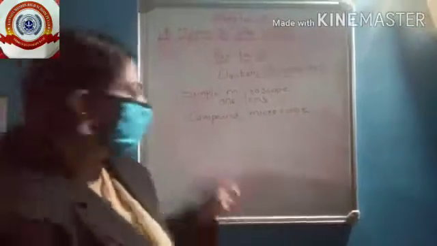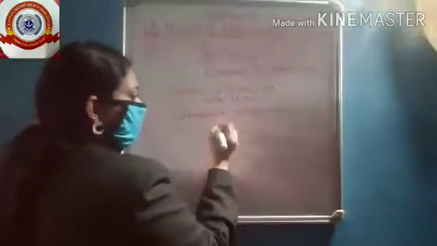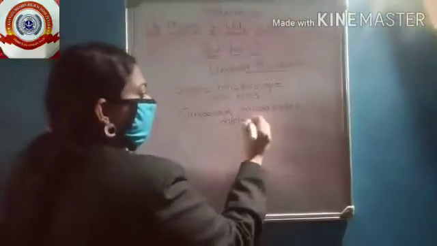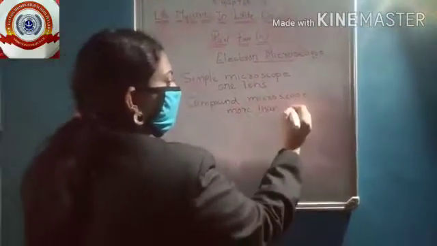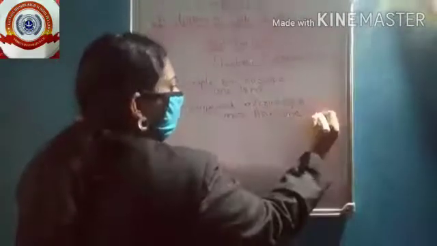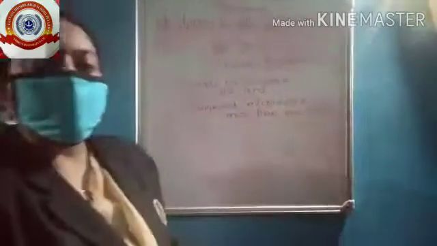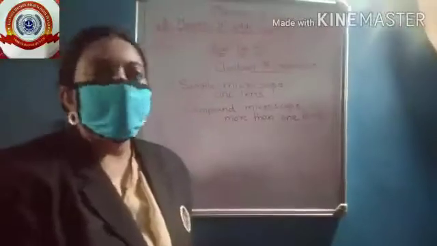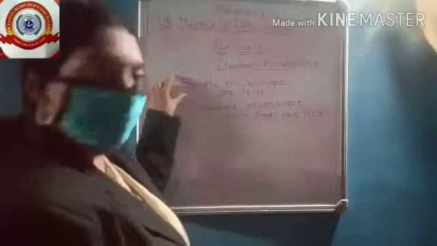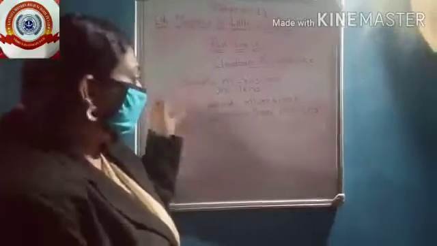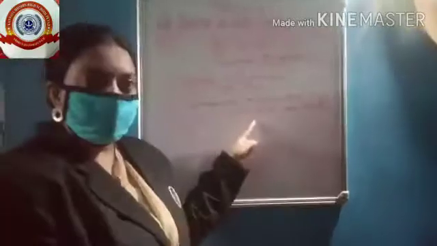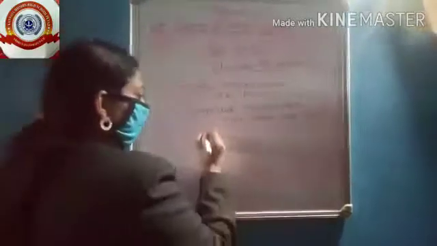Simple microscope has used one lens. Compound microscope has more than one lens. So in simple microscope they use one lens and compound microscope uses more than one lens. Then about electron microscope.